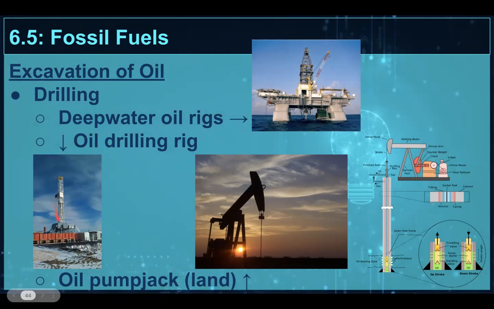This is an on-land oil drilling rig. And then this is something that you've probably seen before. This is an oil pump jack. Once the well has been built and the oil is able to get extracted, this is going to help to draw it towards the surface.